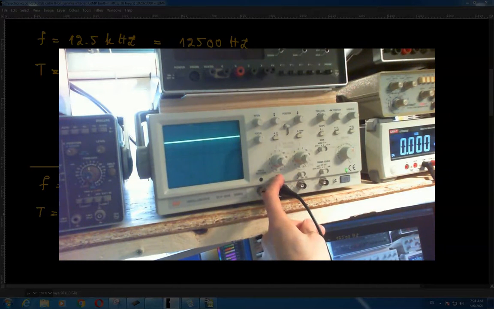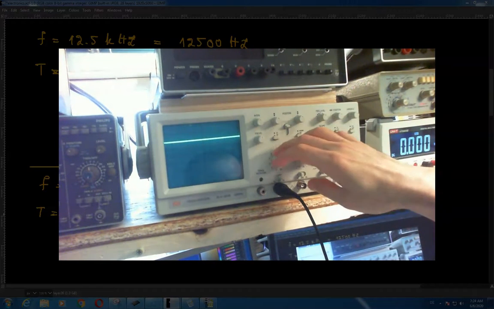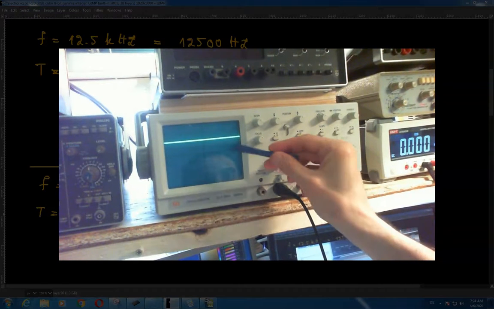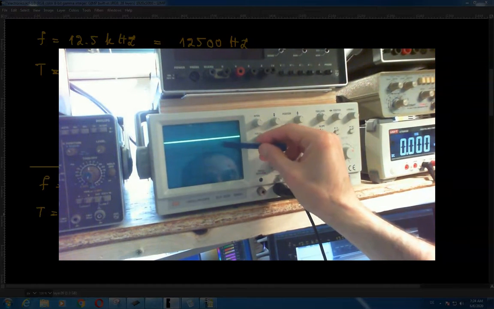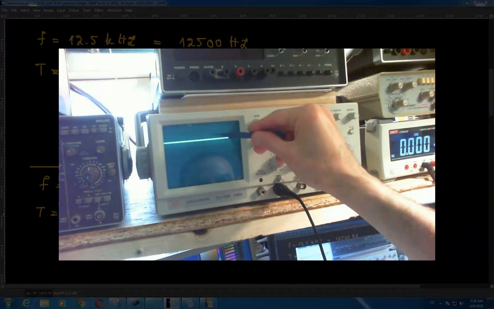If I go to DC, you can see that I have 9.36 volts over here, and this is set to 5 volts per division, so I have 2 divisions over here, and this is above the baseline, right? So that's positive.